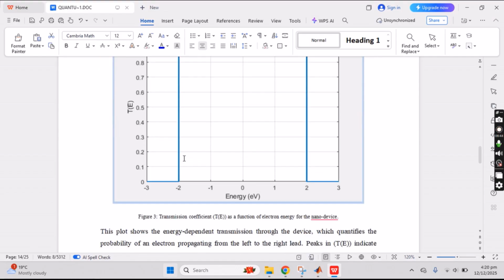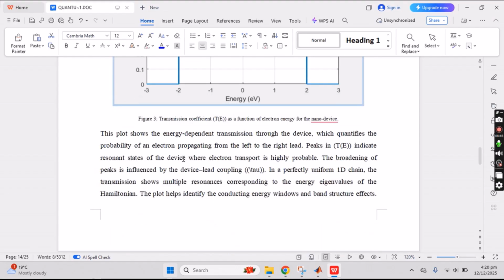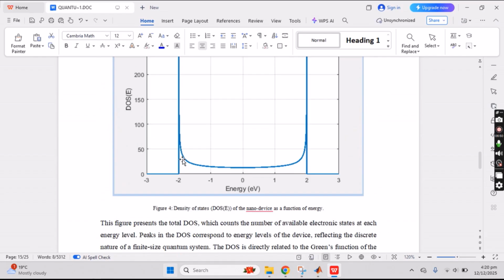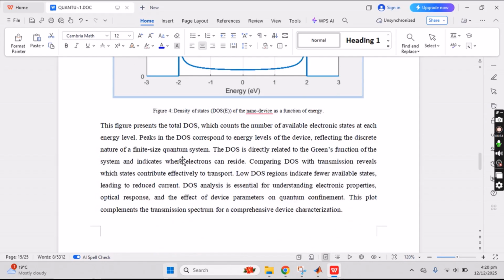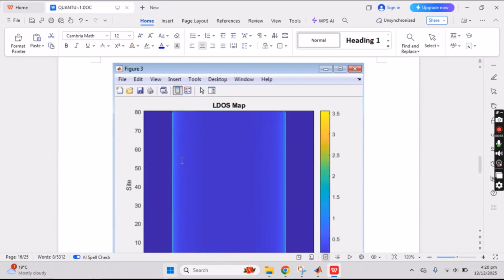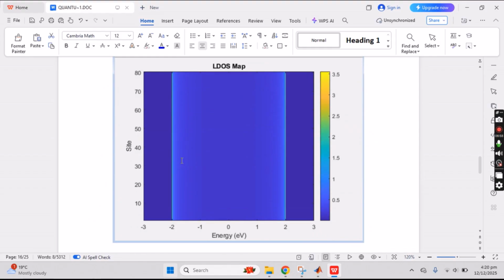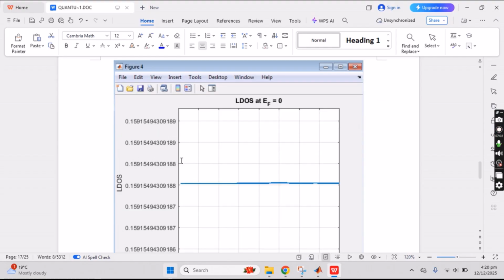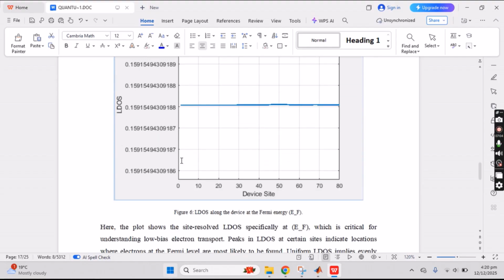Here are the transmission spectrum output results and the graph of the nano device as a function of energy, and the density of states. Next is the local density of states map, and then the LDOS energy states along with the Fermi energy.